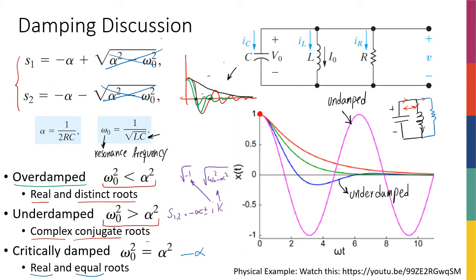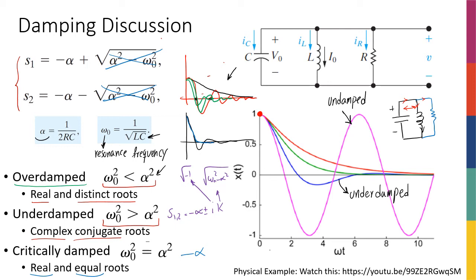So this depends on how fast it dies out. It depends on the resistance and this alpha, right? So this alpha really represents how strongly we're going to damp our behavior. And the omega naught is just representing the frequency of oscillations, right? That's why when alpha becomes much greater than omega naught, I'm going to say that it's overdamped. So if you continue this behavior that I was just explaining, this is still underdamped, but at some point you might get to a situation where you don't oscillate anymore.